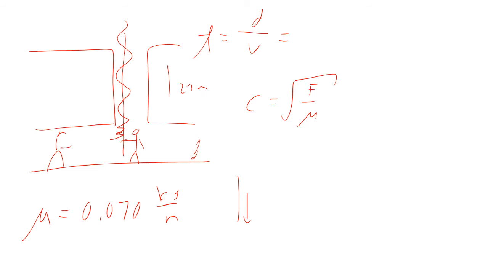Now the only thing pulling on the rope is its own weight. So that means the tension is just going to be equal to mg of the rope. Well, the problem is the top of the rope holds the entire weight of the rope. The middle of the rope only holds the bottom half of the rope, and the bottom of the rope doesn't hold very much of the rope at all.